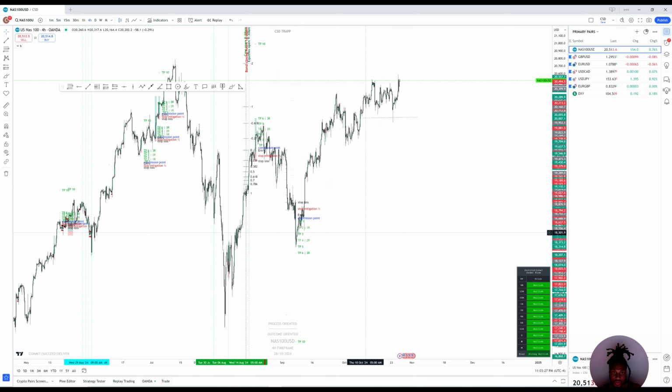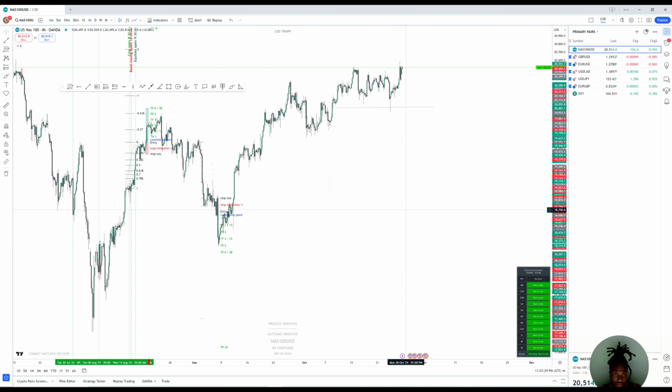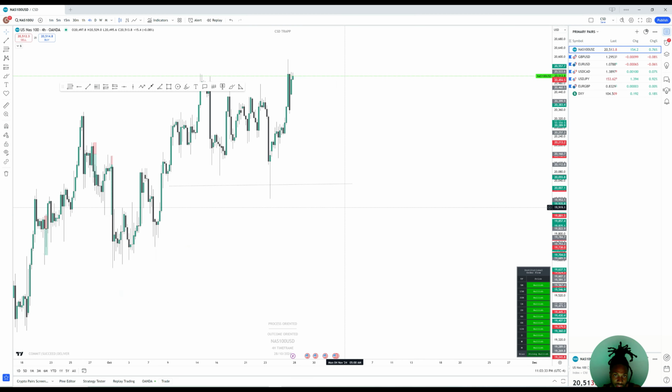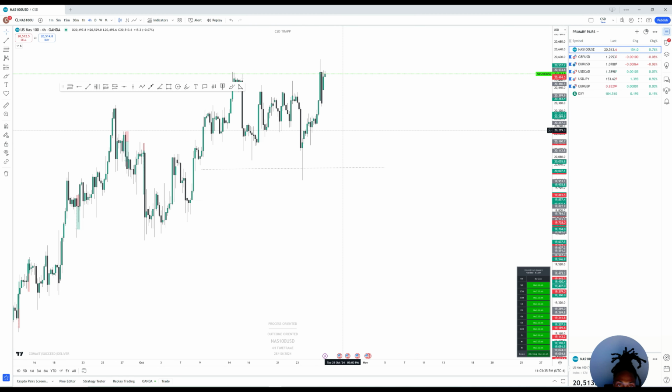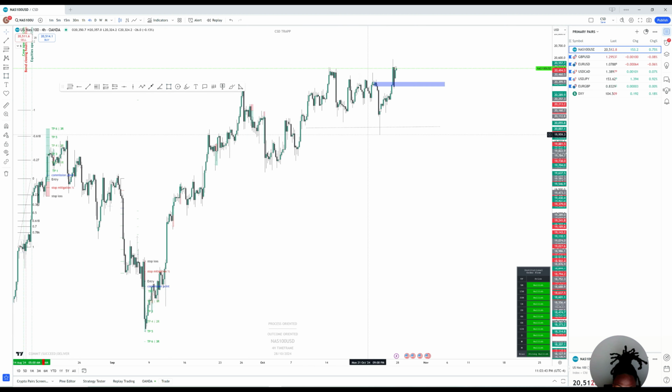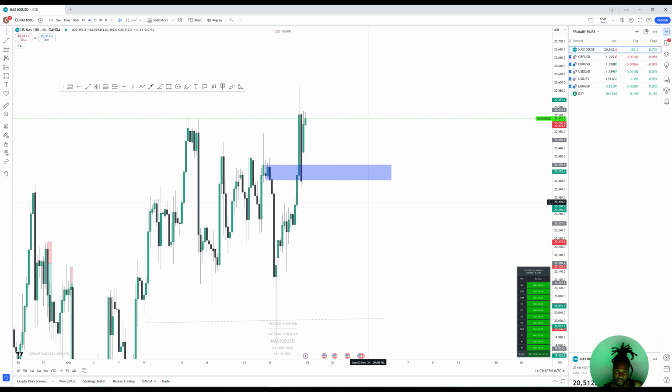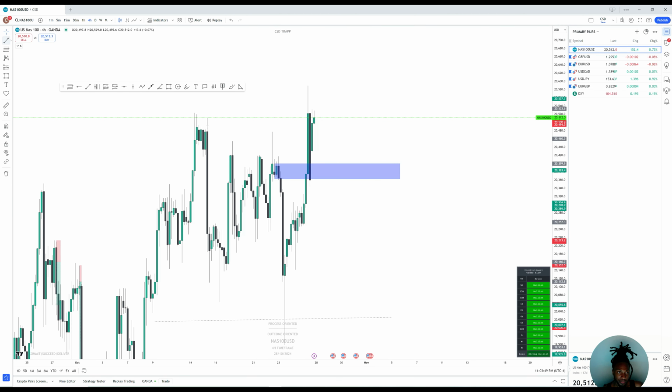All right. So for NAS 100, of course, we're looking at bullish activity going into next week. We're hitting off a higher time frame PD array, which is here. Don't get too caught up in understanding that we have to break this high here.